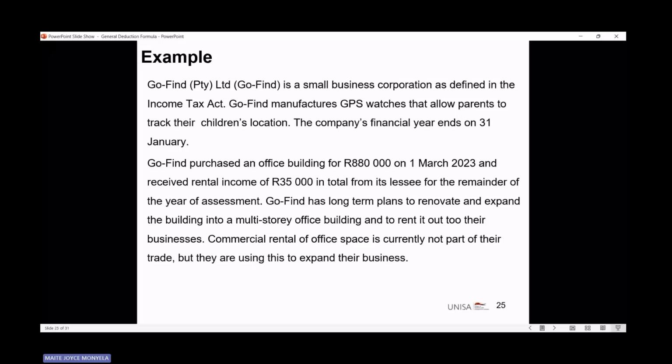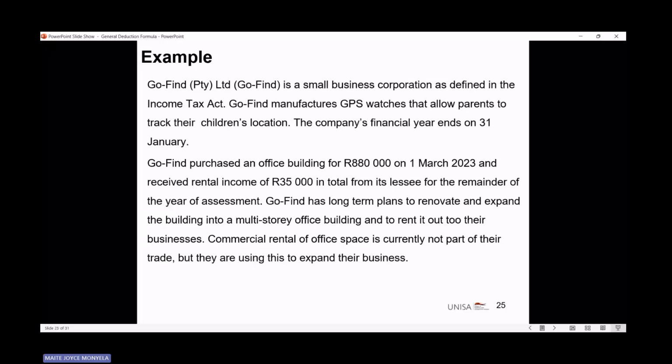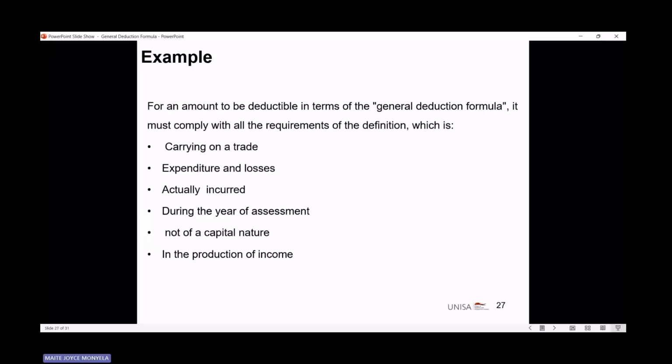We said on 1 March they paid 880, and we want to know if this 880 qualifies as an expense and for deduction. And on 15 November 2023, which is still the same year, it's March 2023, it's November 2023, they incurred these expenses. So we are testing actually incurred, which is the third requirement.